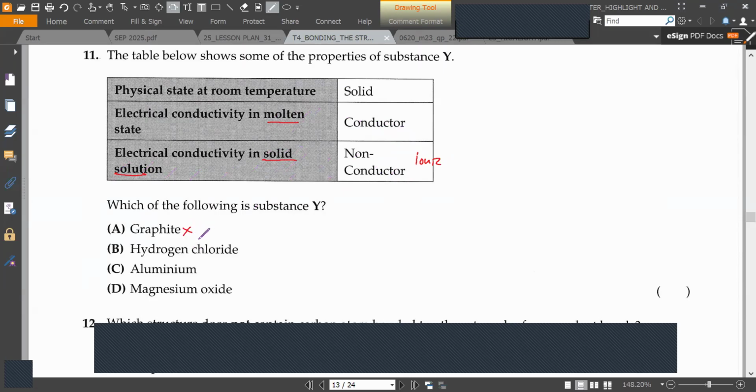Graphite is no, graphite is giant covalent. Hydrogen chloride is non-metal plus non-metal, so it is simple covalent. Aluminium is metal. So our answer is magnesium oxide, MgO. One metal plus non-metal, so this is an ionic compound.